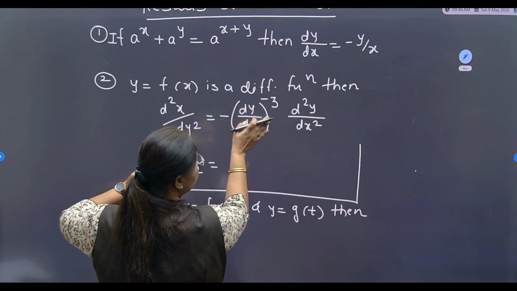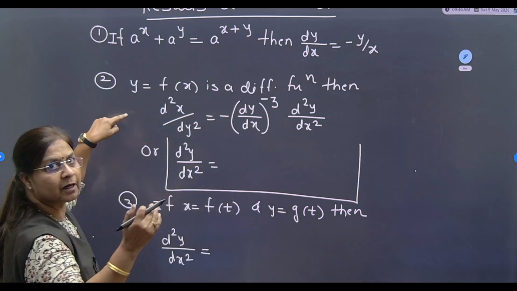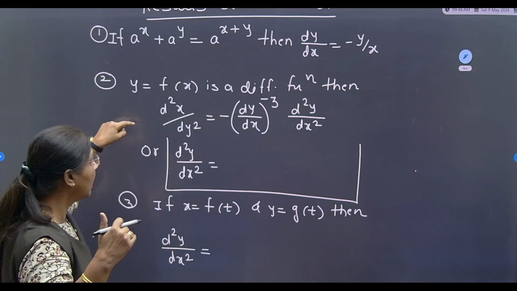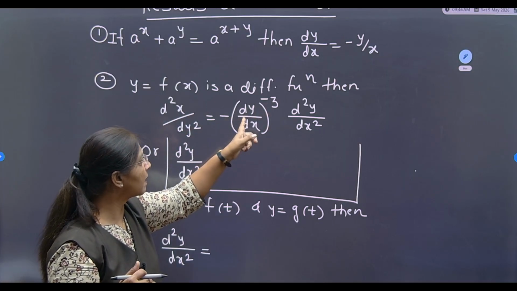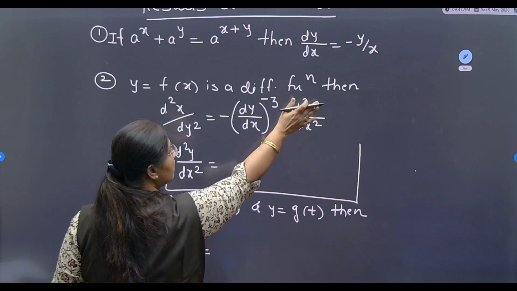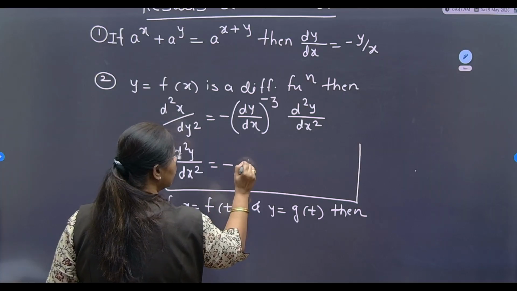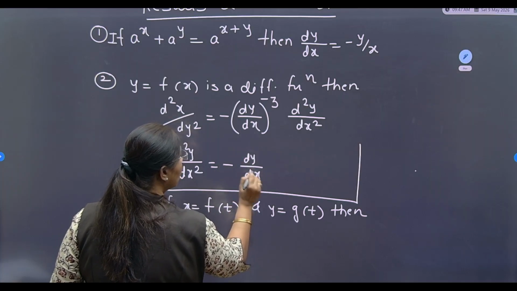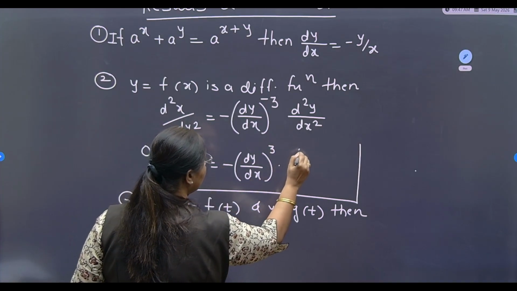The minus power (dy/dx)^(-3) moves to the left side, so in the numerator it becomes (dy/dx)^3. Therefore d²y/dx² = -(dy/dx)^3 into d²x/dy².